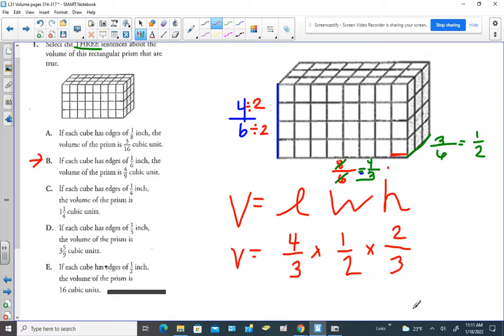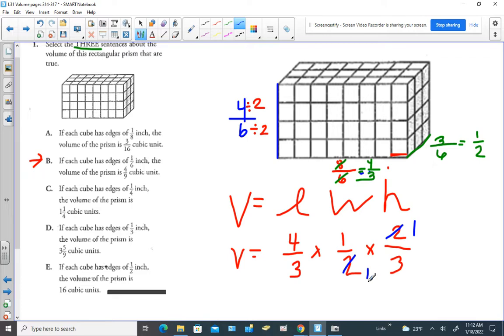So basically what are we doing? We're seeing if we multiply these values together, do we get this 4/9 that they're talking about here? So how about we take advantage of the fact that we can reduce more right here. We can divide by 2 and get 1, divide by 2 and get 1.